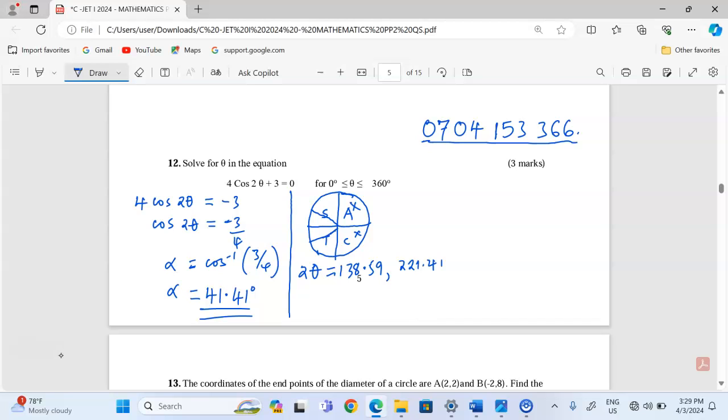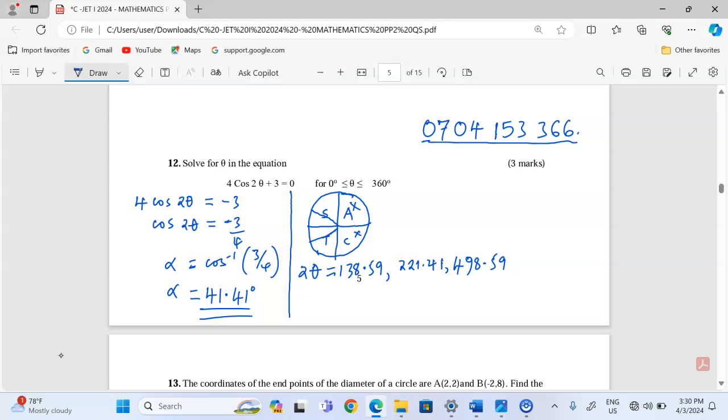But in case we make a complete cycle, we are going to get angles whose trigonometric ratios are equivalent to those of these angles. If we make a complete cycle and add 360 to 138.59, we're going to get 498.59.